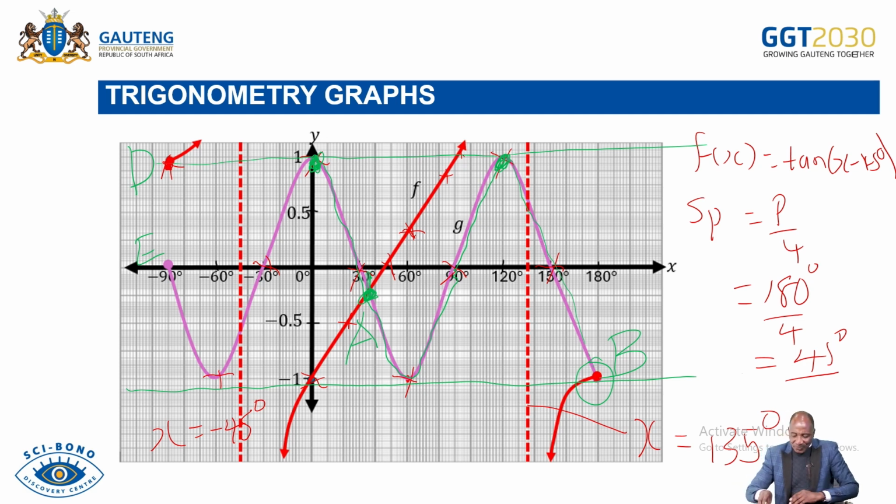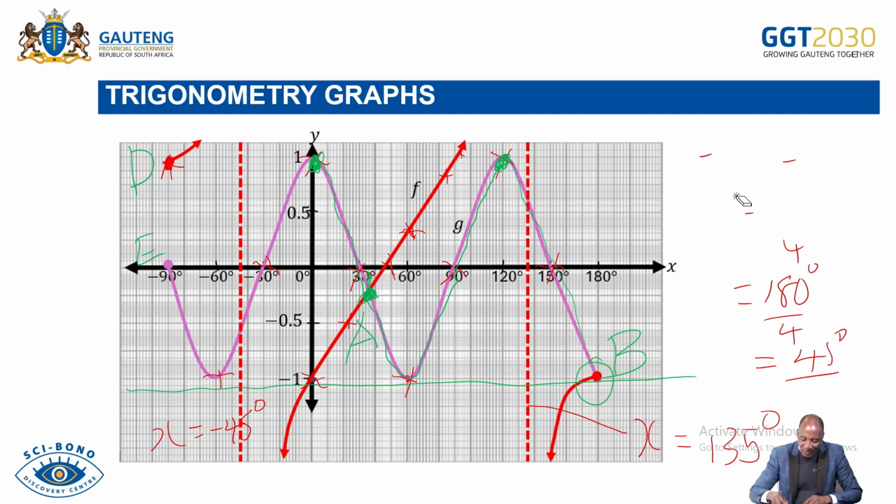Yes, thank you. According to my sketch here, I need to look for a region where the gap between f of x and g of x is a positive 1.